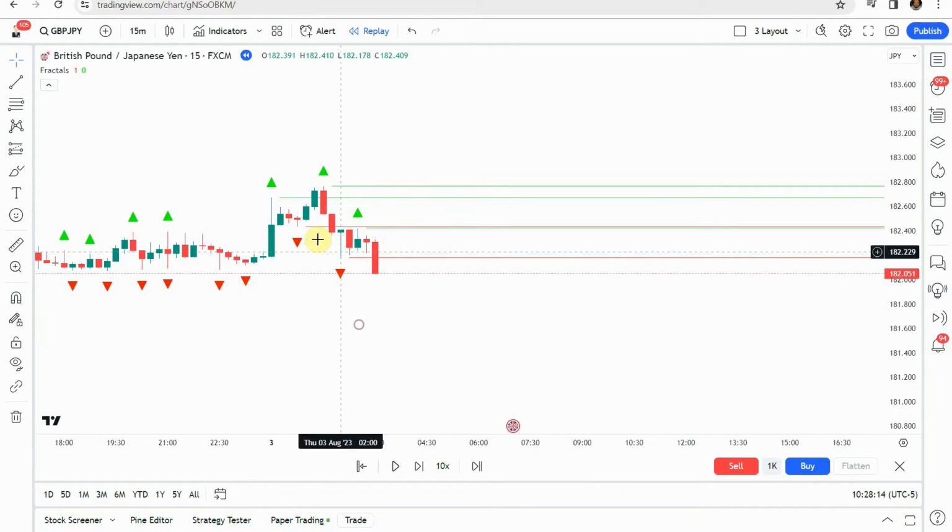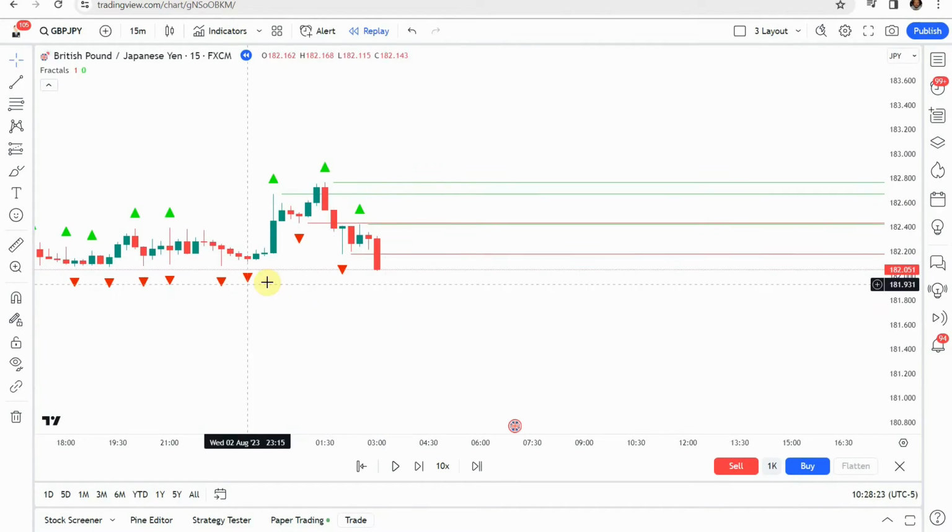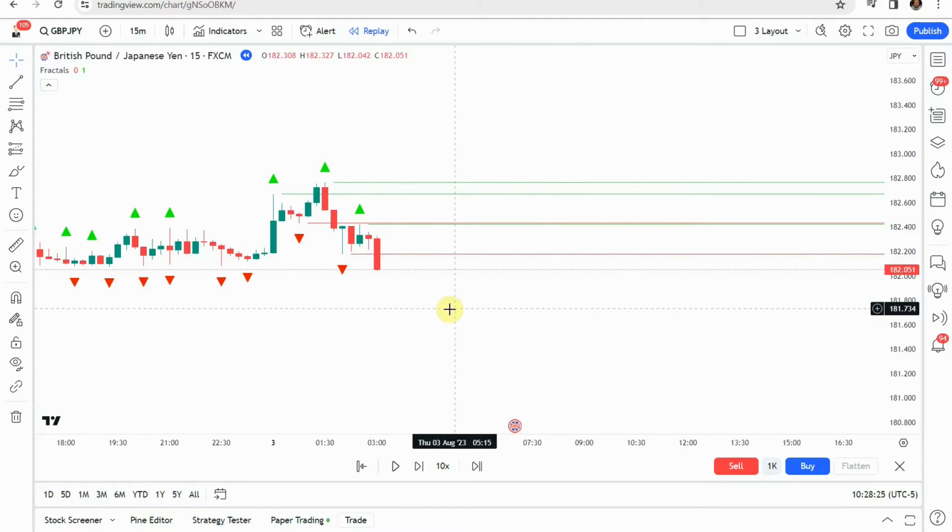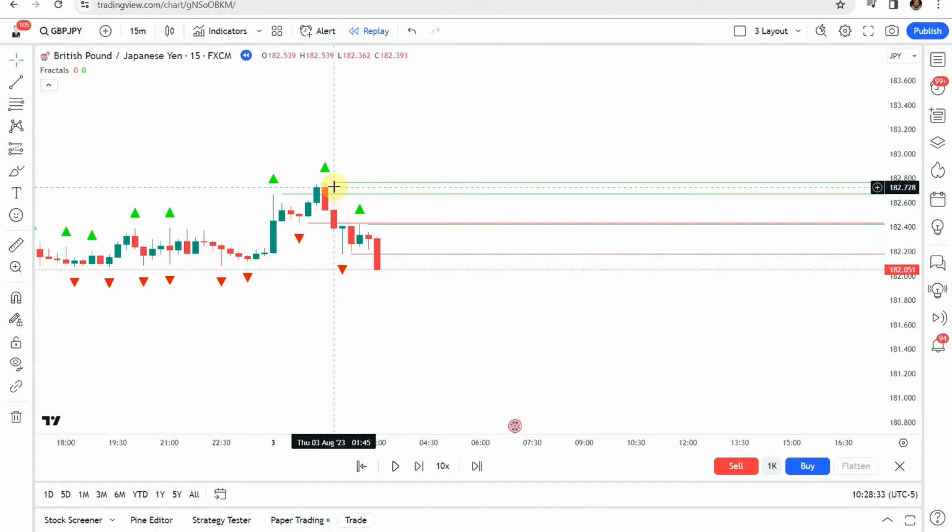The idea is that when a Williams fractal is established, that creates a point of either support or resistance. And if price is able to break through that point, then it should carry on in the direction of the breakout, essentially. That's the idea behind this indicator, and the idea that the source video put forth.